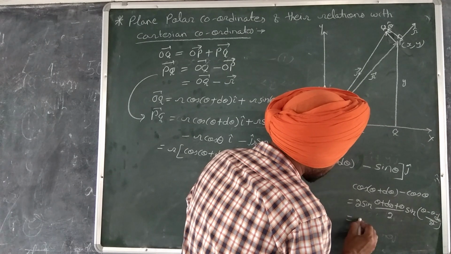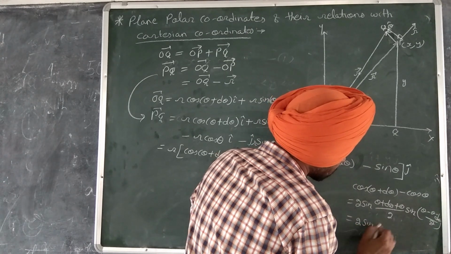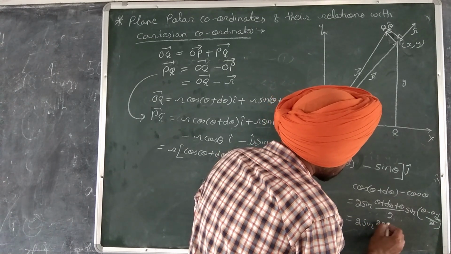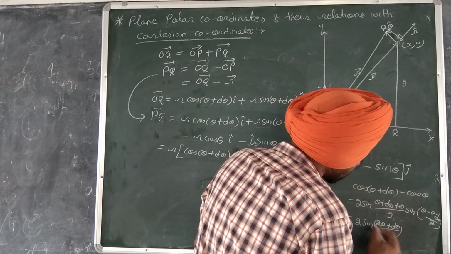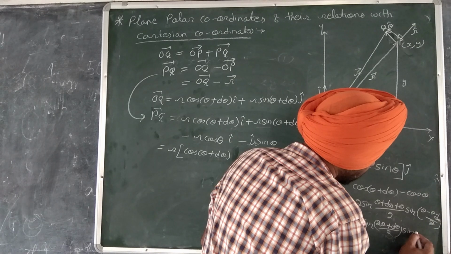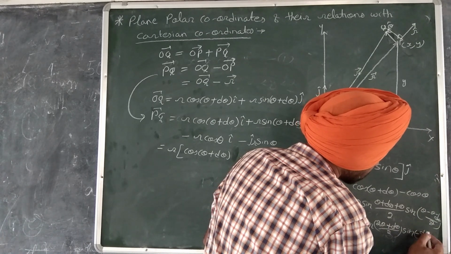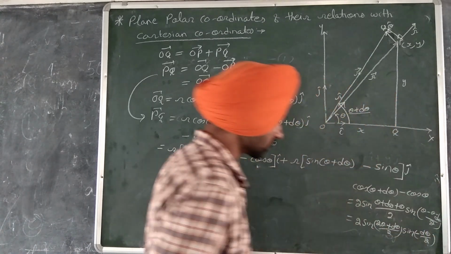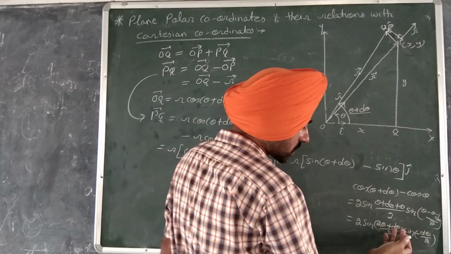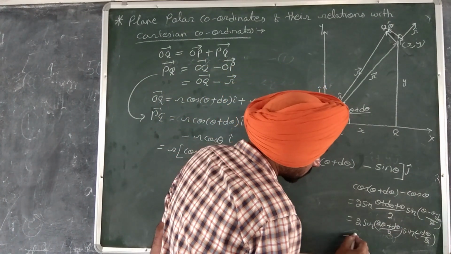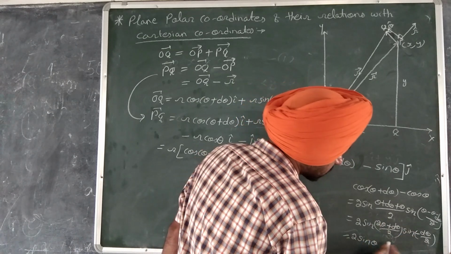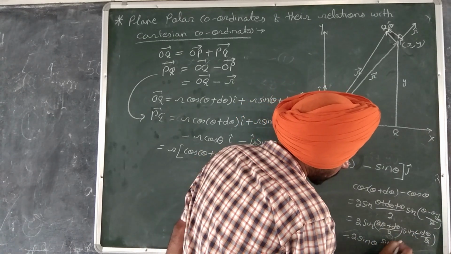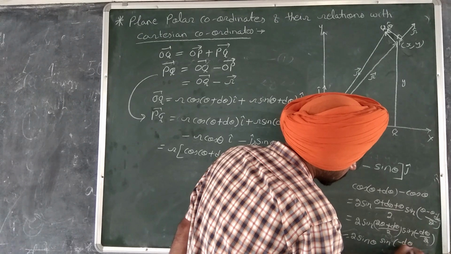So it is 2 sin((2 theta plus d theta)/2) into sin(minus d theta/2). Since d theta is very small, we can write it as 2 sin theta, and this is sin(minus d theta/2).